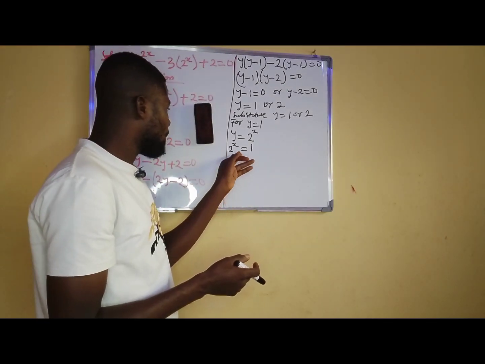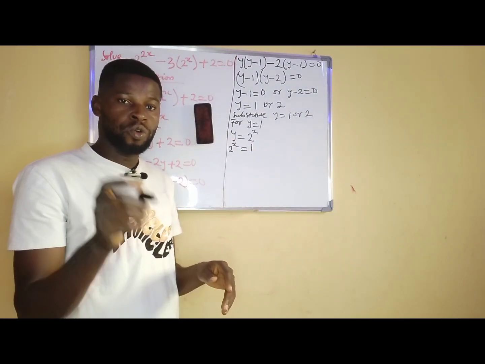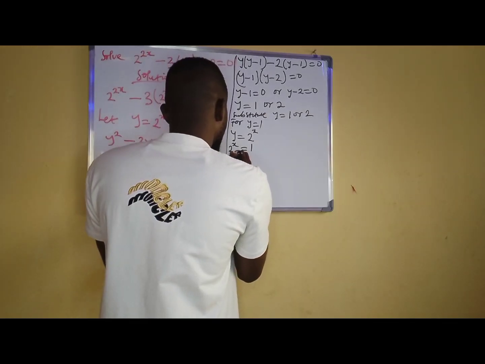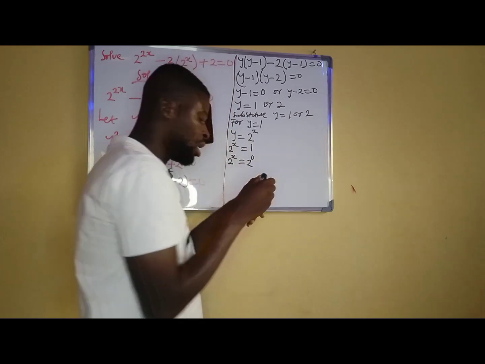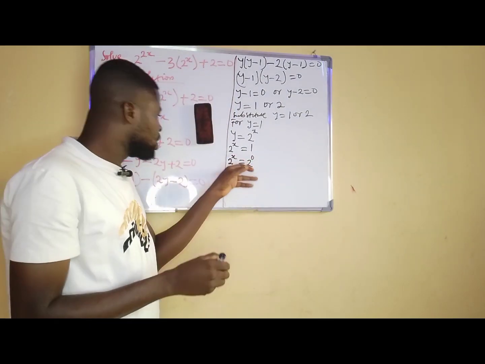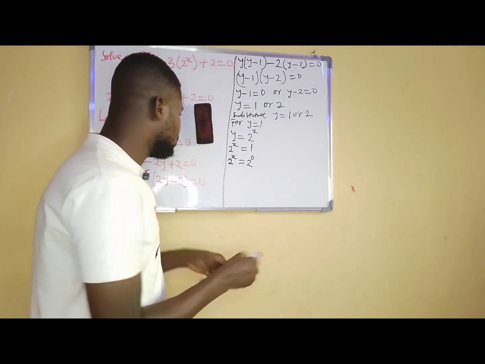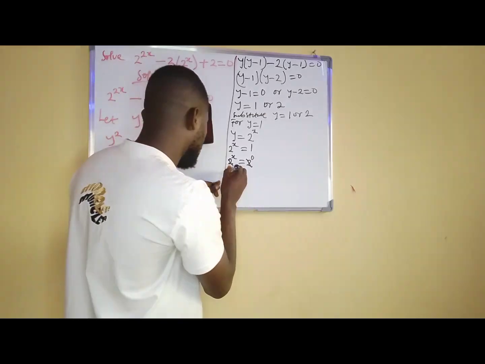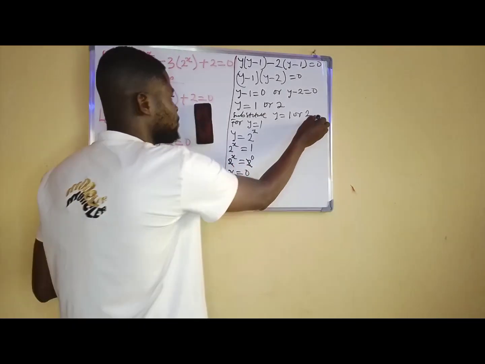Now, we say 2 raised to power x is the same thing as 2 raised to power 0. This and this is still the same thing. What do we do now? We say this and this will cancel each other. Now, our x is equal to 0.